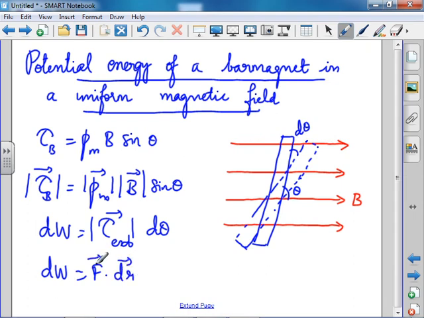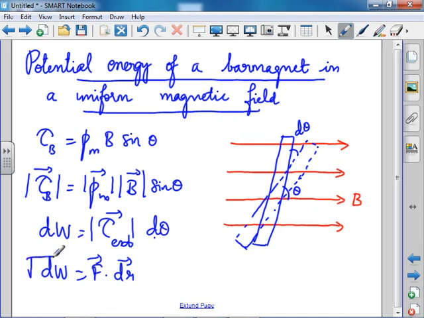F represents the force and tau is a rotational analog of force. In rotational motion, the term equivalent to force is tau. Similarly, the counterpart of linear displacement is angular displacement, which is represented by d theta.